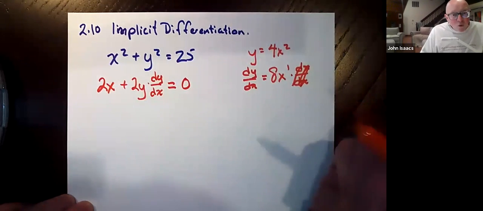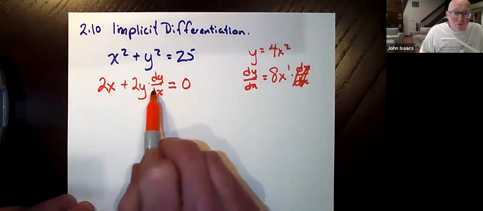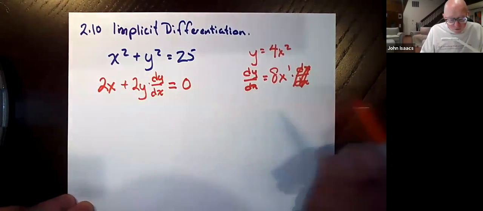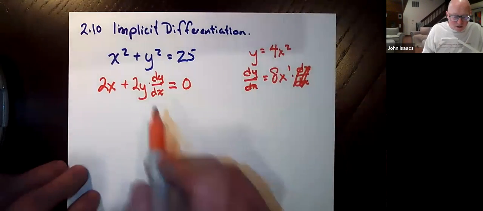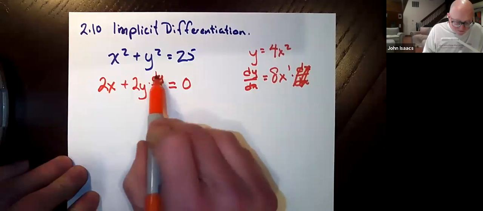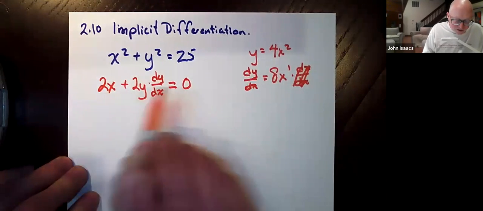Now, what we're looking for is the change in y as x changes. We're looking to solve for dy dx, which appears once in this equation. Now we use algebra 1 or algebra 2 skills to solve for this unknown dy dx. So I'm going to subtract 2x from both sides.